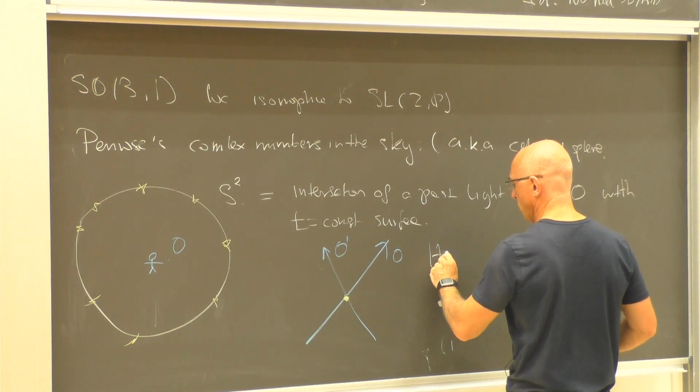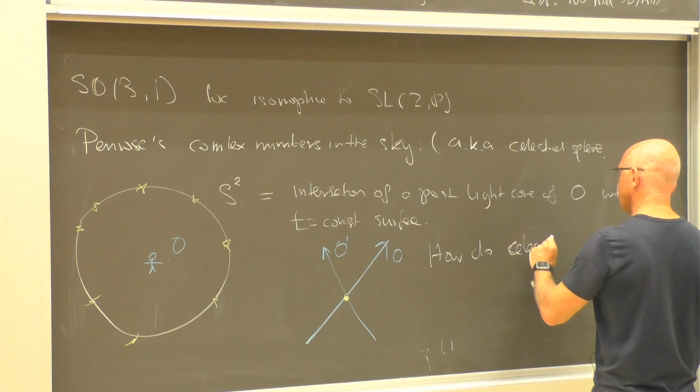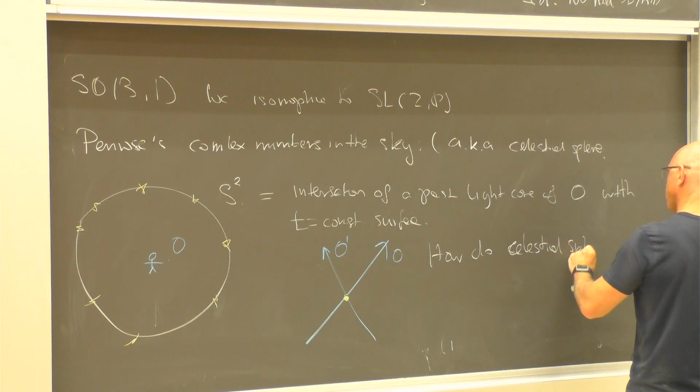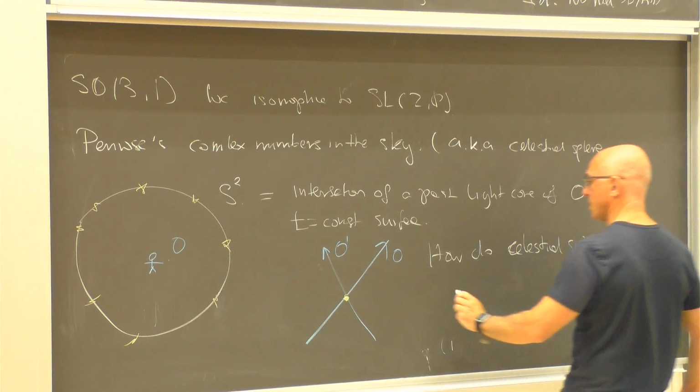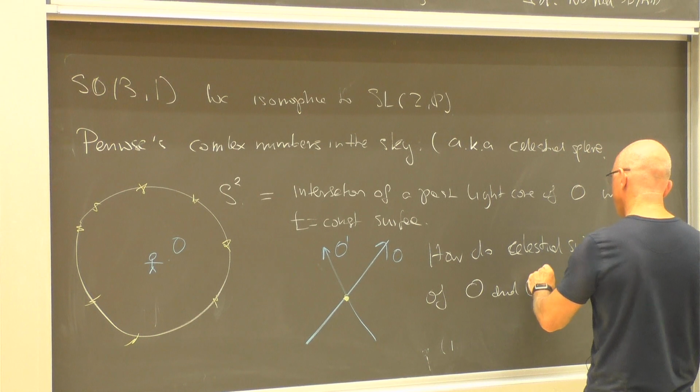So how do the celestial spheres of O and O prime compare?